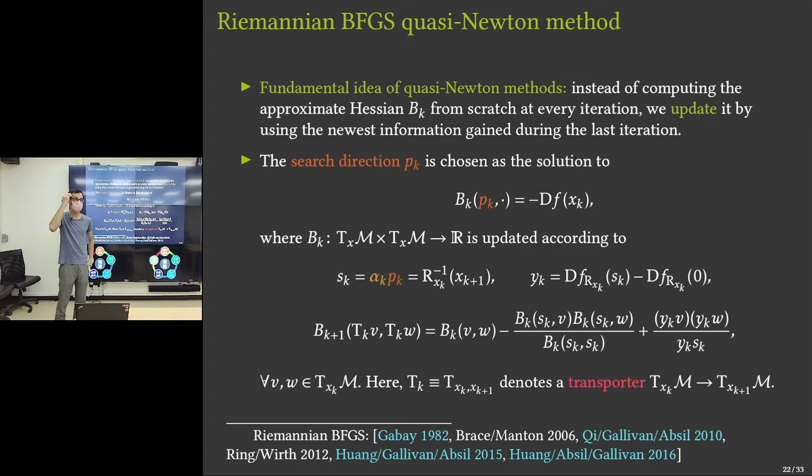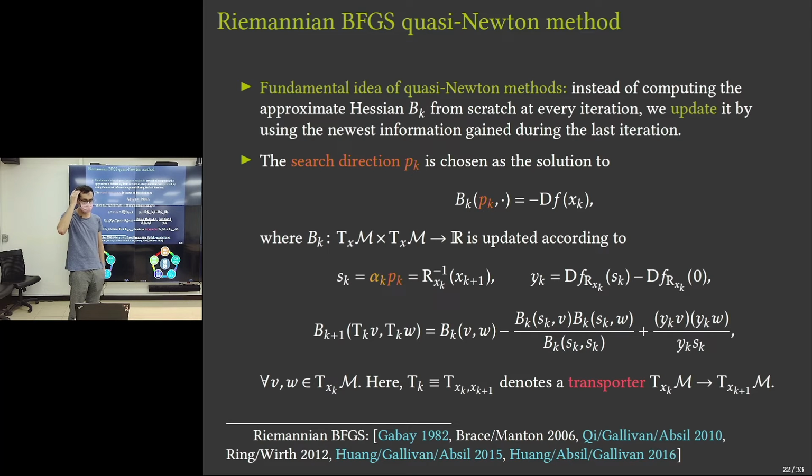So if you think in a very simple setting in R2, if you look at how the first derivative changes, if you look at an incremental ratio which involves the first derivative, then you get some kind of information about the second derivative. So this is the idea used in these quasi-Newton methods.